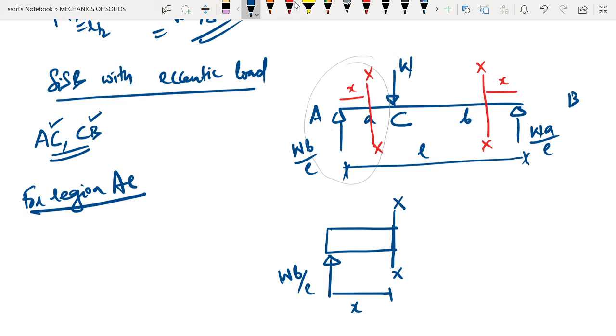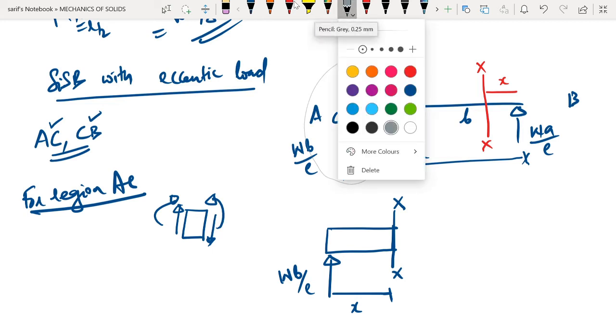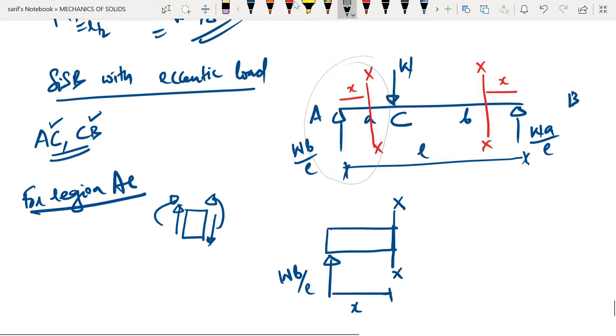Now we have to draw the shear force and bending moment forces. Now shear force and bending moment again should follow the positive sign convention. So if you draw like this, these are the positive sign conventions. The bending moment is sagging and the shear force has to rotate the element clockwise. And which directions will we choose? So if you look, this is the section. So this is the face that we are having.